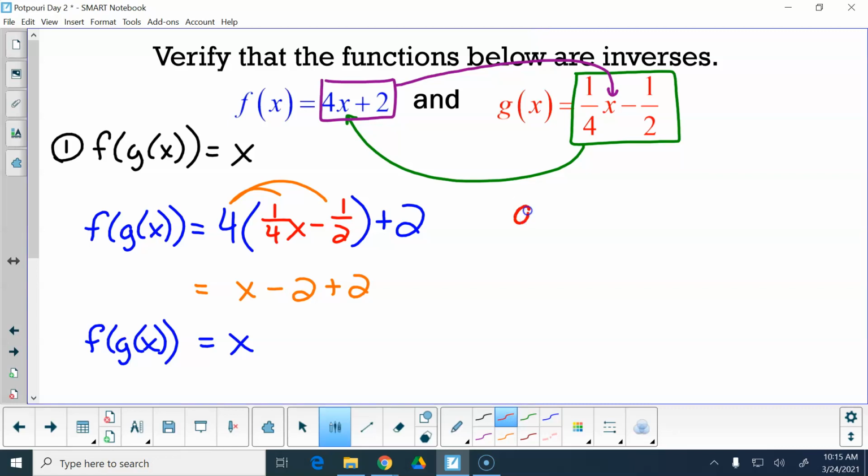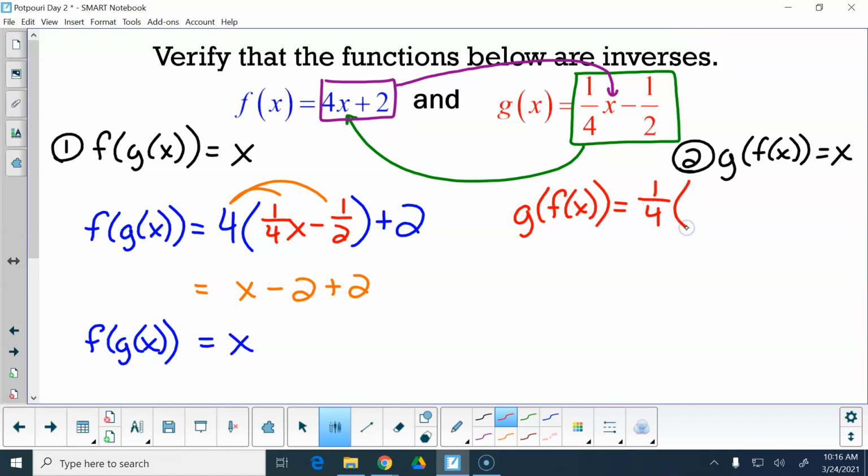So I'm now going to have to prove that g of f of x is also x. So that would be 1/4 times 4x plus 2 and minus 1.